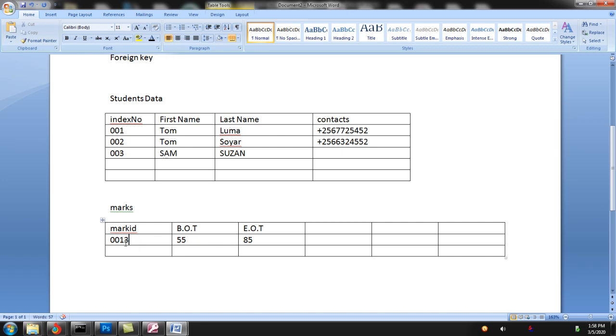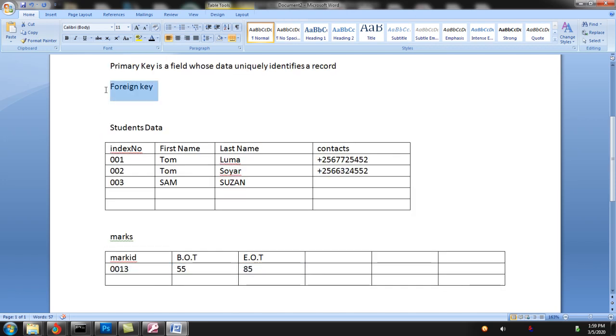Alright? That means this is our primary key for this table, and this is our primary key for this table, and both of these marks are attached to one student. So we need a way to bond the two tables, the student data table and the marks table. The way we bond the two tables is by use of a foreign key.